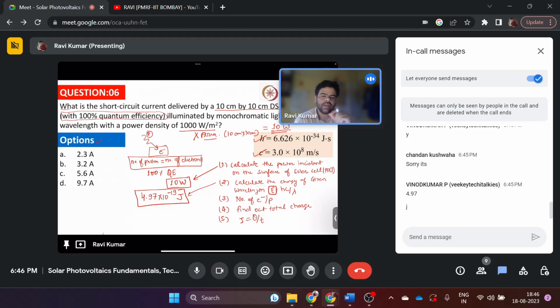So to make the energy of 10 joule in 1 second, how many photons are needed? Just divide the required power by the power of one photon. If you haven't understood it, let me know, I can repeat it again.